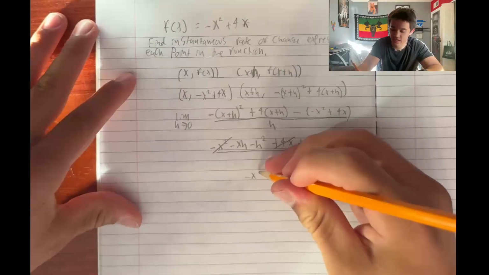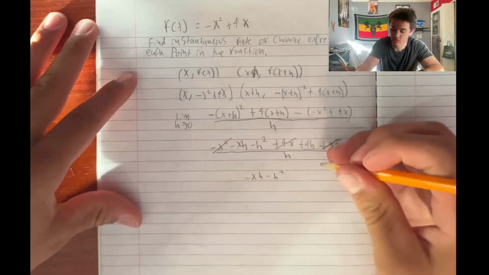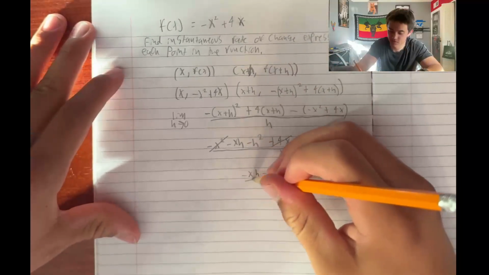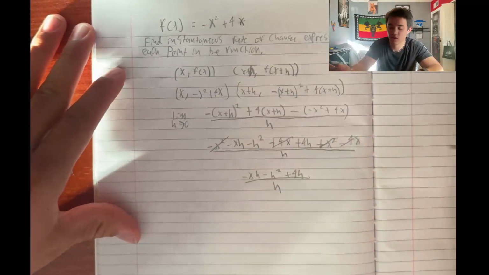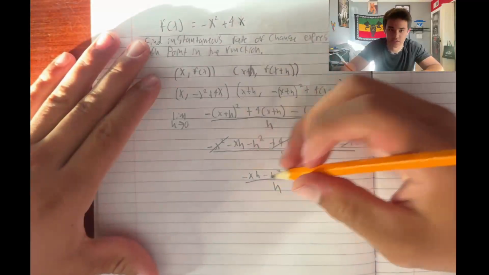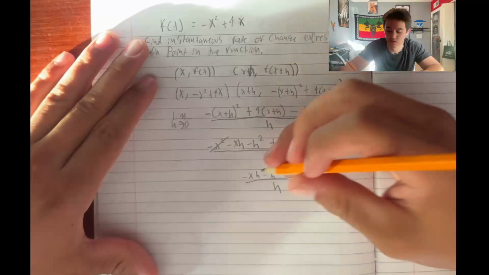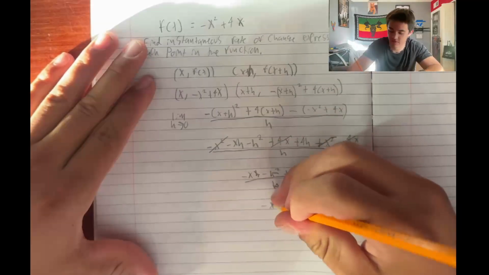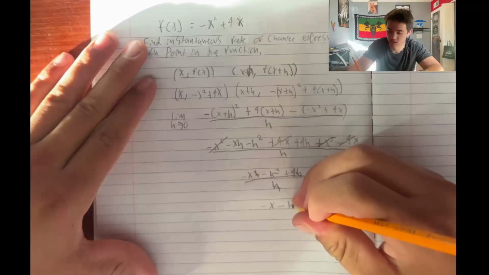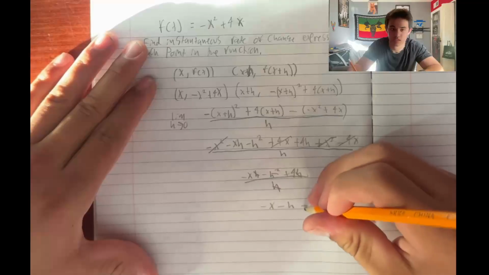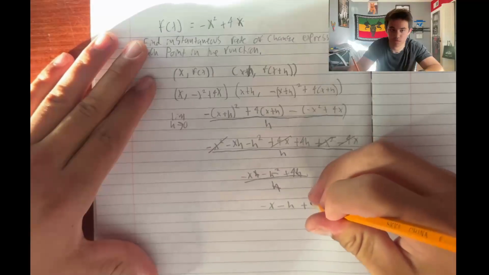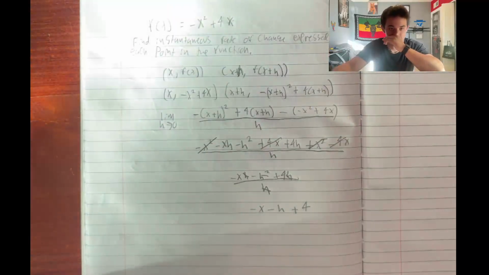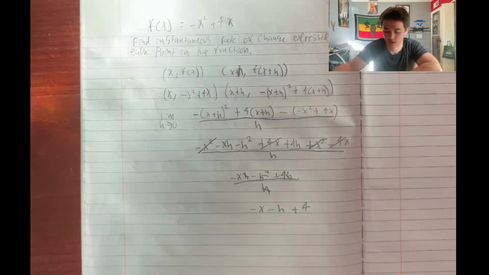So we have negative xh minus h squared plus 4h over h. Now we have an h in every term, so we can start canceling again. So this turns into negative x minus h plus 4, I believe. Let me double check if I'm writing this right.